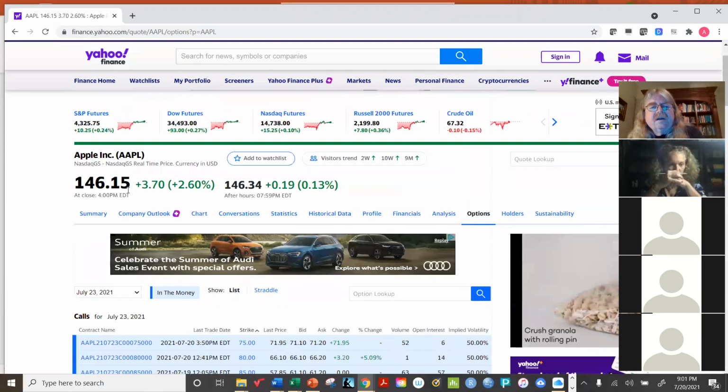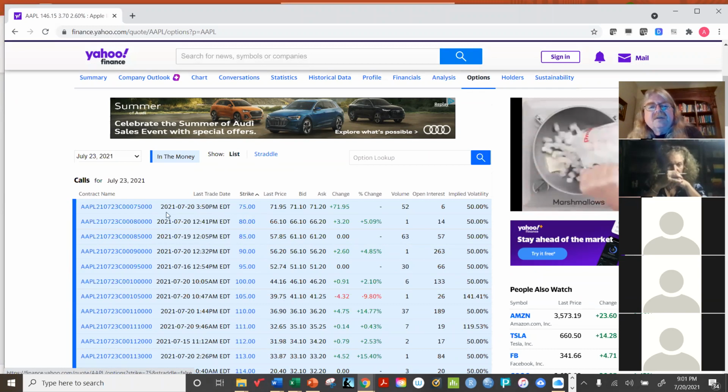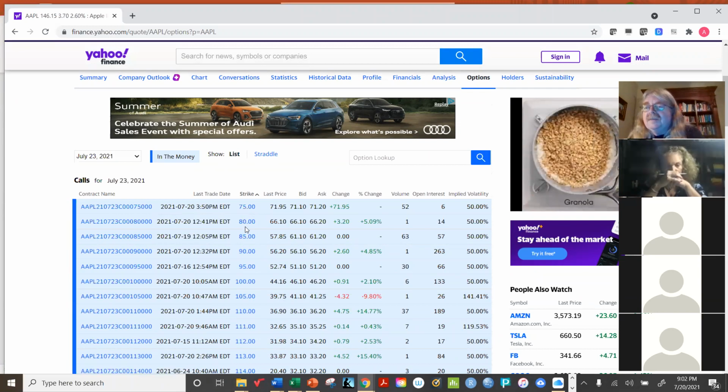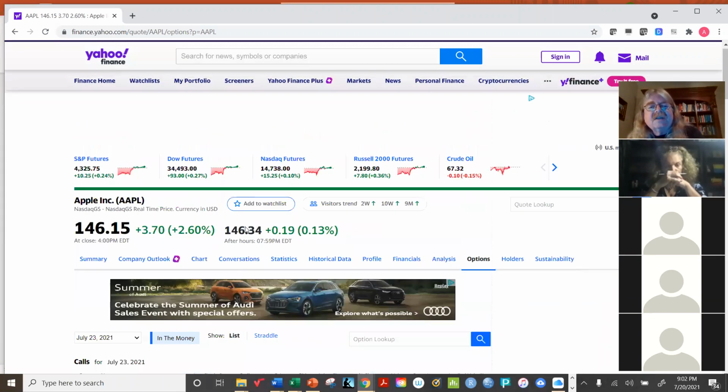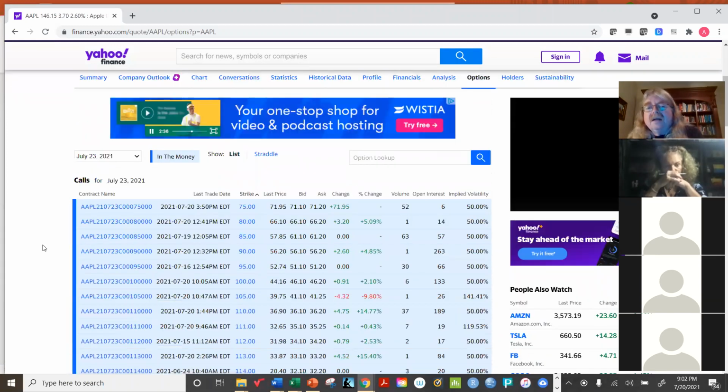Now, what else do we see here? In this column, we have the strike price. So this option gives me the right to buy Apple stock for $75. That's a valuable option because the stock is actually selling for $146.15. But because of that, the price of this option is very high.